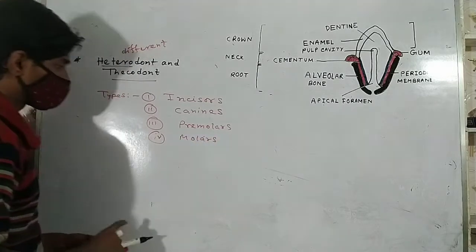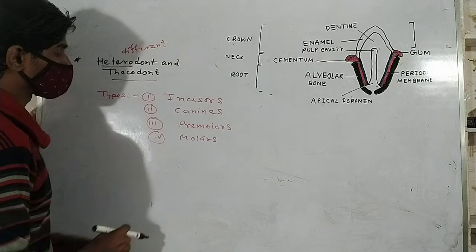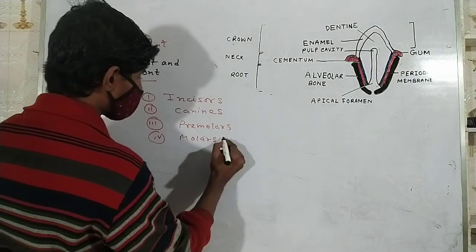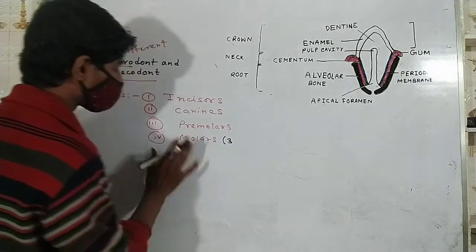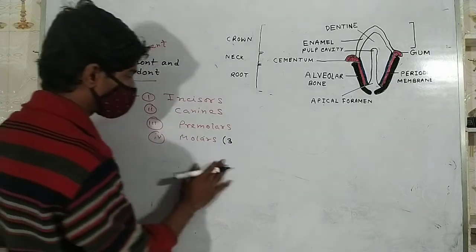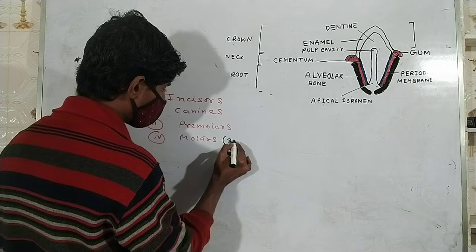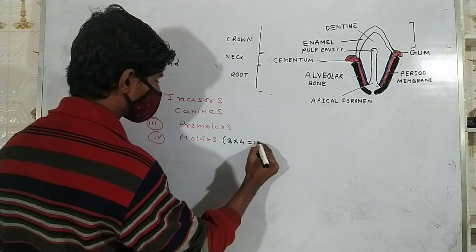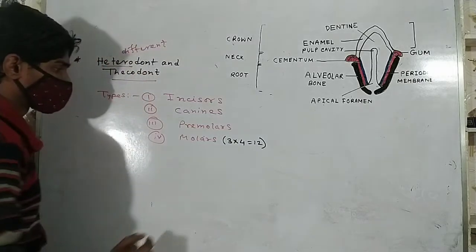In an adult individual, in permanent teeth, we have 3 molars in each quadrant, which means 12 molars.